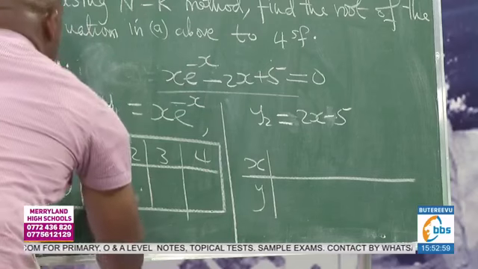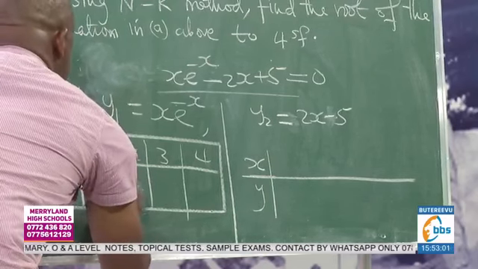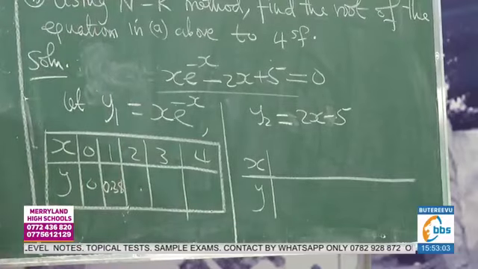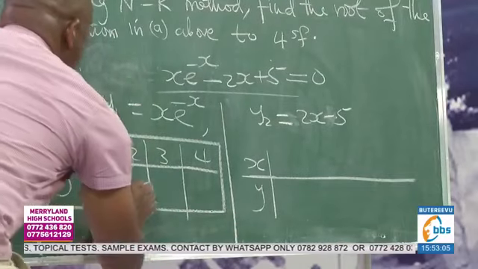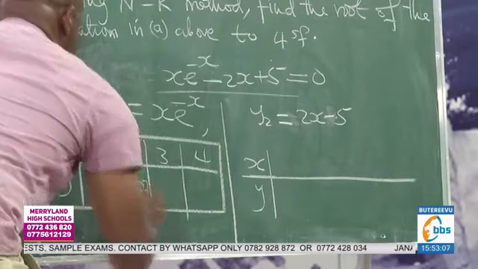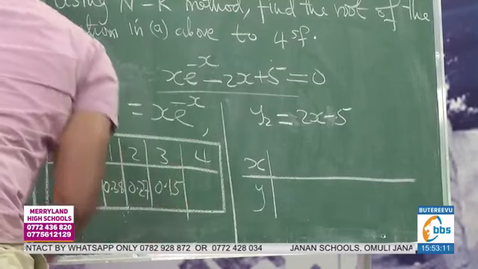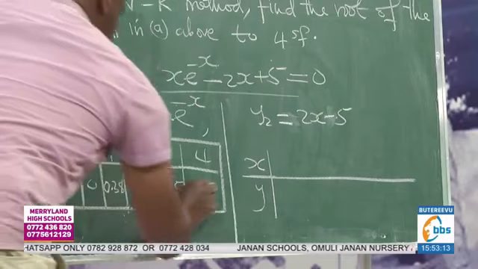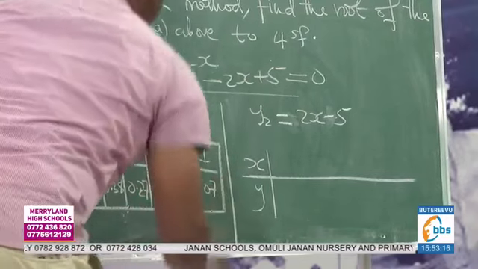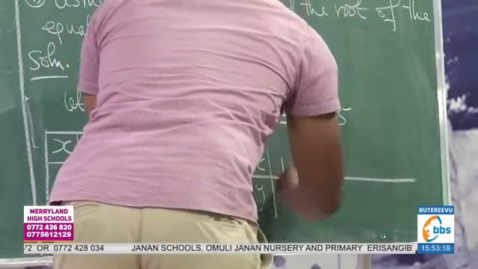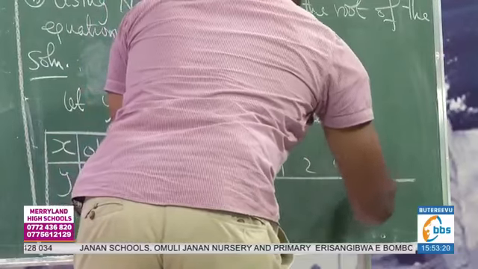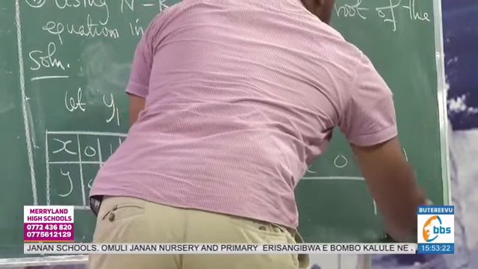Those who know what e is, you get 0.38. Here you'll get 0.27, here 0.15, and here 0.07.